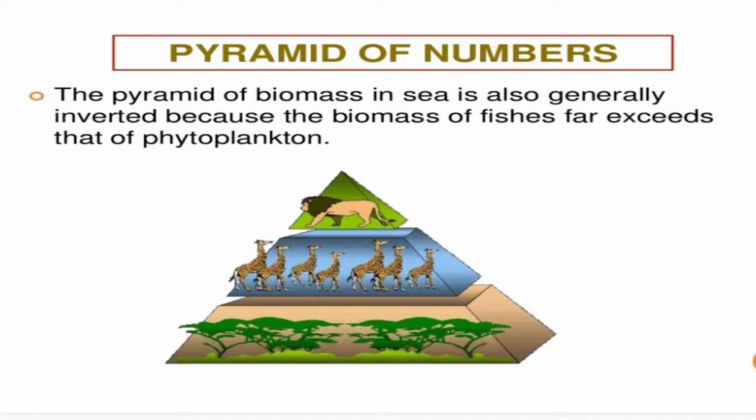Similarly, the number of animals at trophic level 3 is smaller than at trophic level 2, but their size becomes larger, and so on. For example, a cow, the primary consumer at trophic level 2, feeds on grass.